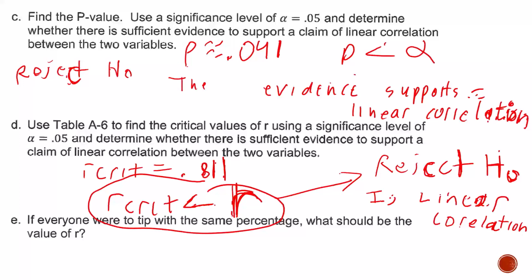High, right? What is R always between, everybody? It's between -1 and 1. If everyone were to tip the same percentage, what would R equal? 1, because that would mean you have a positive perfect linear correlation, right?